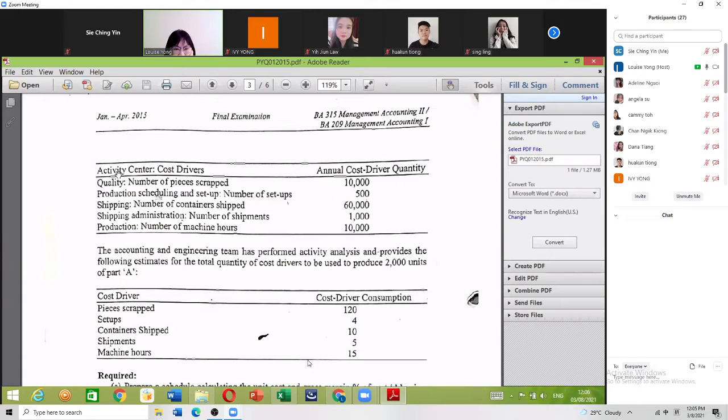Next page, activity center cost driver. So this is the cost driver.